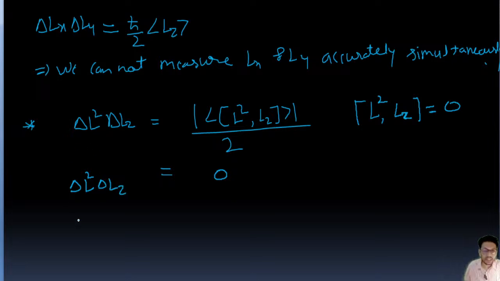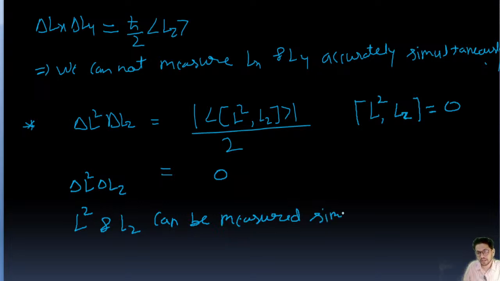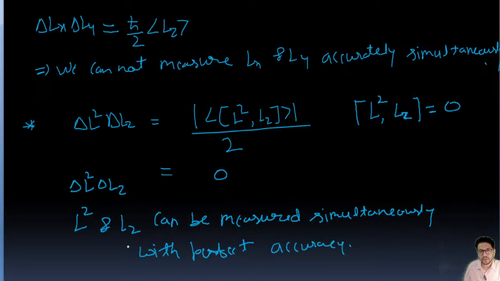So this means L square and Lz can be measured simultaneously with perfect accuracy, because they commute with each other.